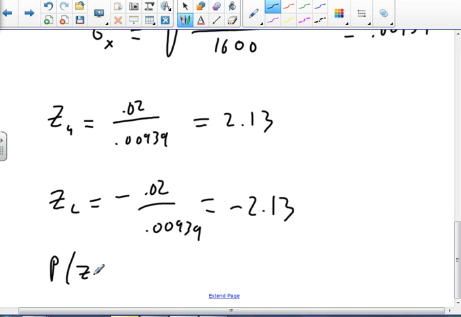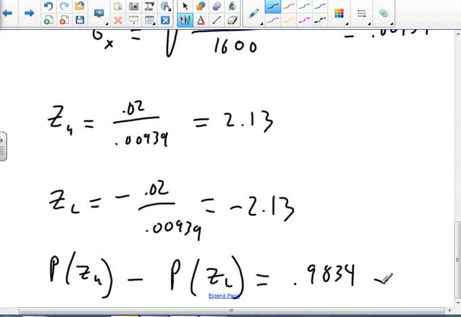Probability of the upper z minus probability of the lower z: 2.13 gives 0.9834, minus 0.0166.